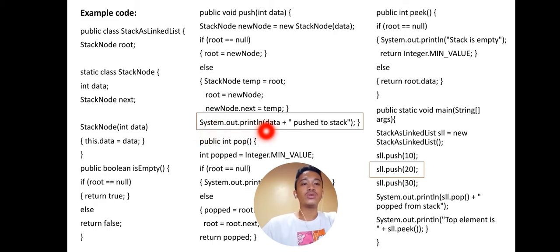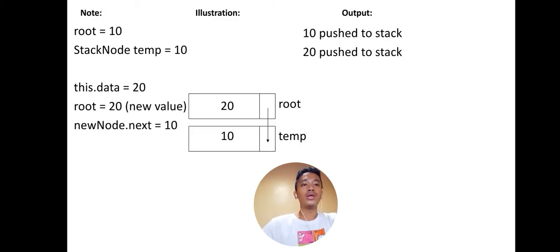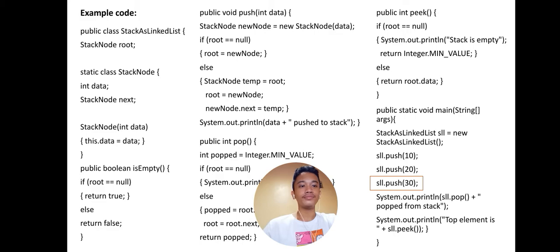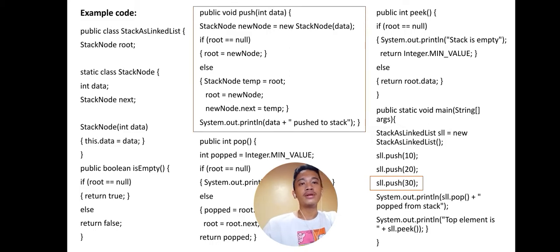System.out.print, so that would be 20 push to stack since our data value is 20. And next was again the same process, sll.push with parameter value of 30. So we call the stack as linked list SLL and will trigger the method push.